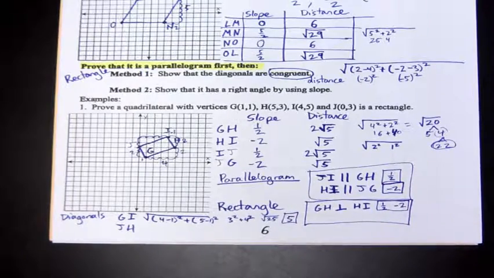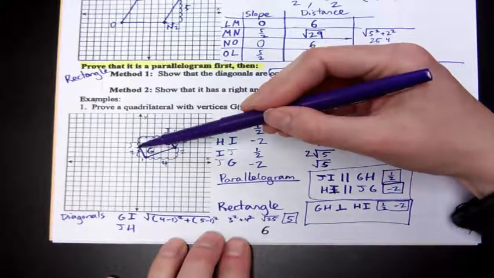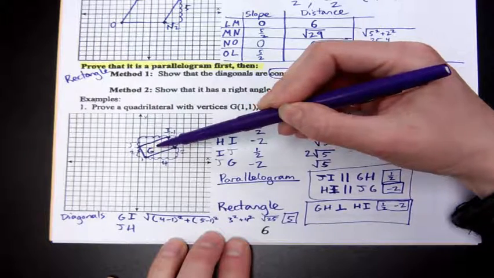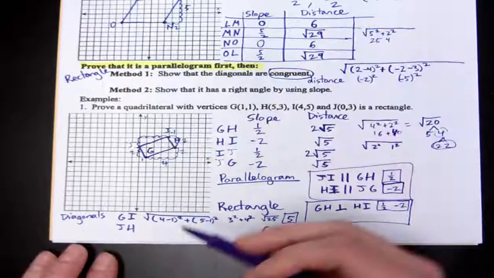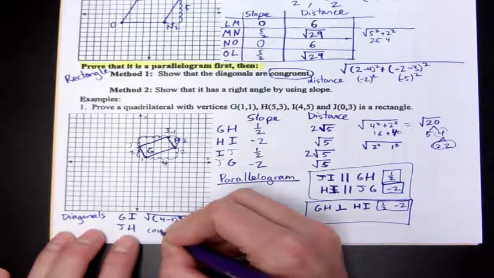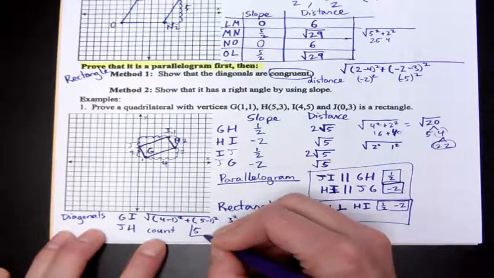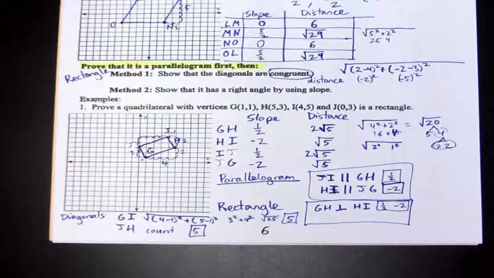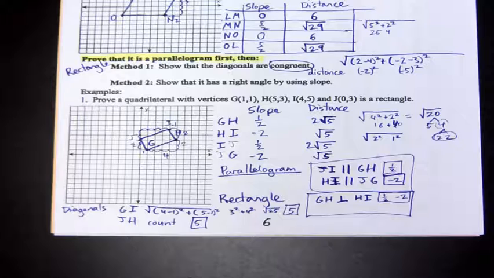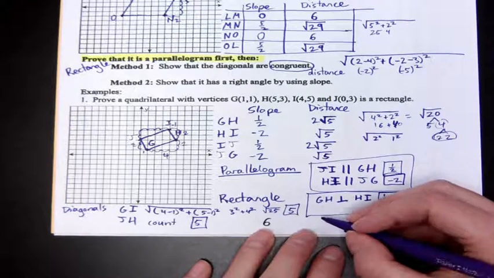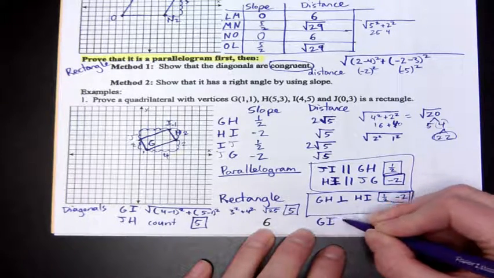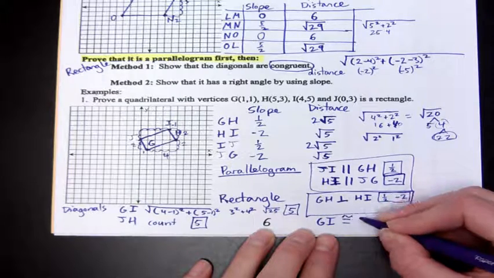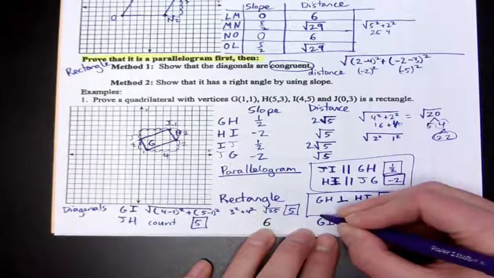Okay, JH. Can we count that easily on the graph? Yes. Yeah, that one just happens. They both are at 2. So 1, 2, 3, 4, 5. That's a straight line we can count. So we just count it out. Okay, so then my statement is just JI is congruent to JH.